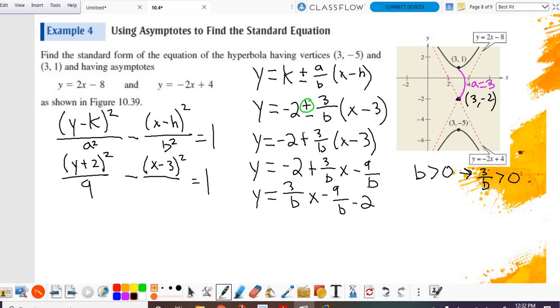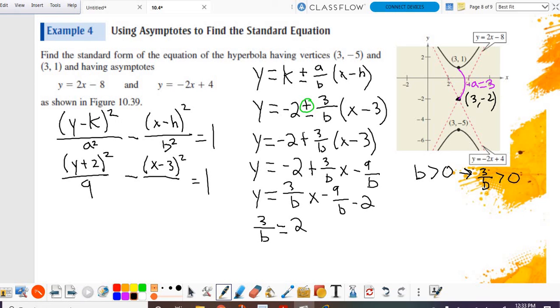That's important because notice that only one of my equations has a positive number in front of the x, and that's y equals 2x minus 8. So if that's the only positive one, and we have 3 divided by b in front of our x in the equation that we wrote, then because they told us that is our asymptote, we know that 3 divided by b has to end up being 2, because that's what's in front of the x.